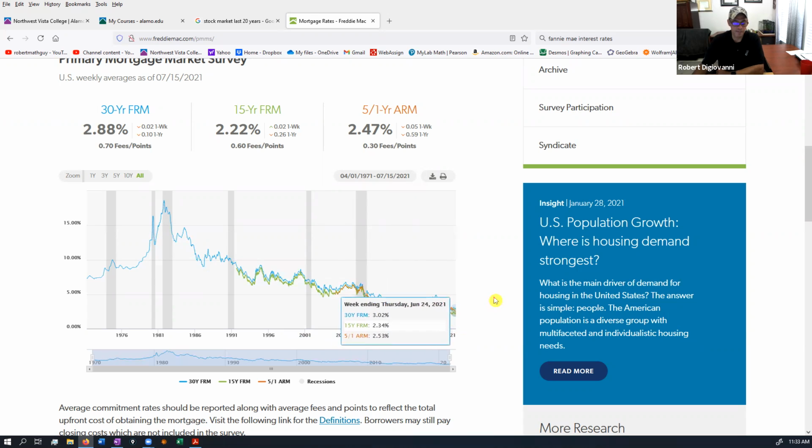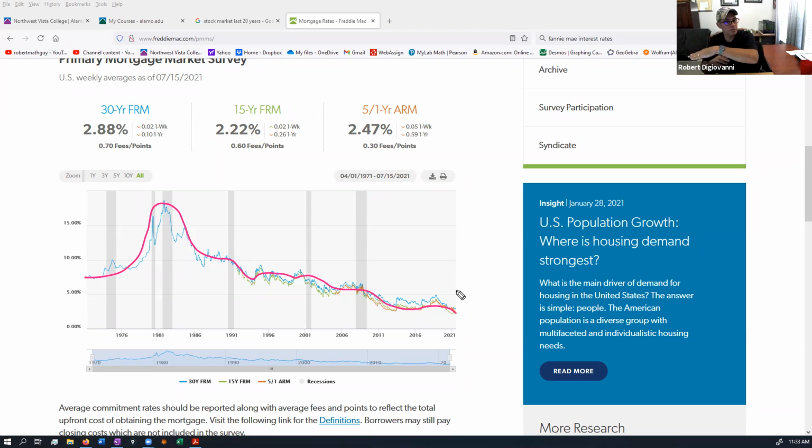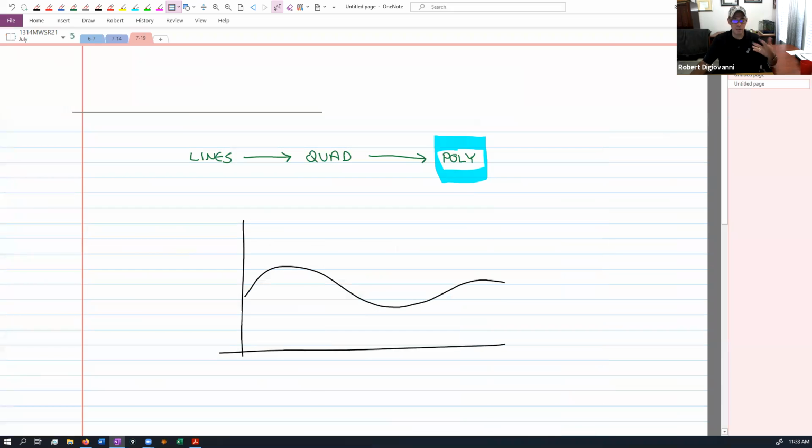My point is, we can get into all the financial talk, but my point is, if you look at this, it's a polynomial function, okay? That's where these come into play. So I just wanted to show you, just so that you understand that in the real world, polynomials are something that are important for people to study.